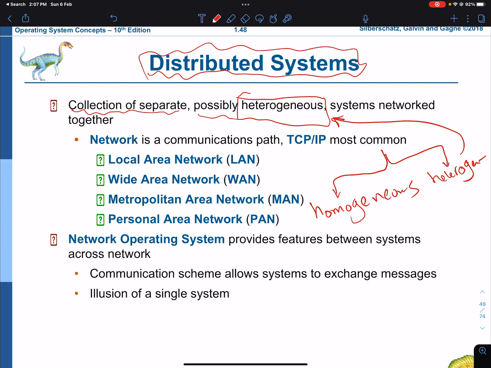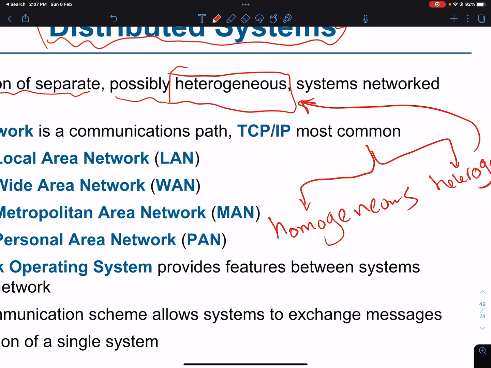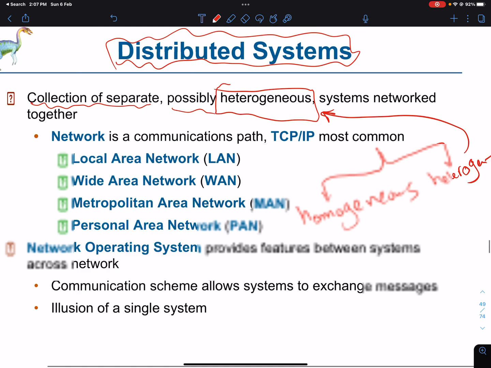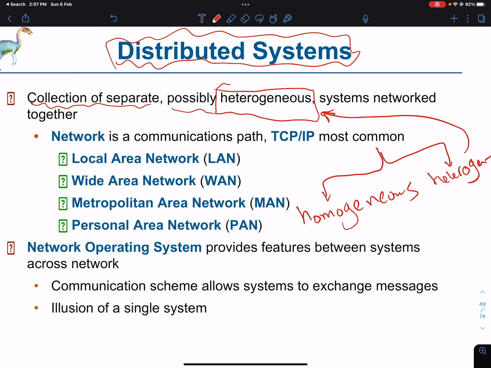Heterogeneity is when you have a few computers that are Windows, a few others that are Mac, a third set that are Linux. We call those heterogeneous. So homogeneity and heterogeneity target how common the stuff is, or how similar they are.